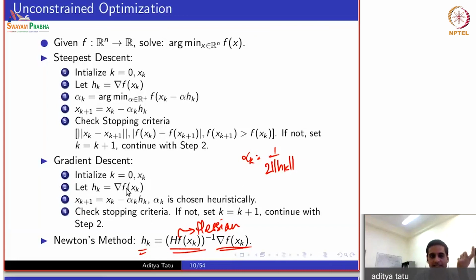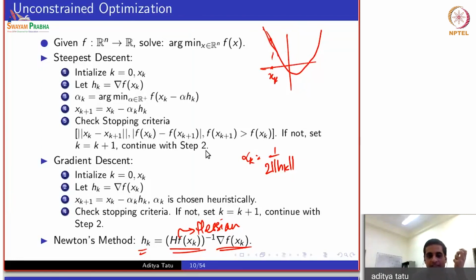Hk is the gradient. If I take a look at this sort of a function, at this point xk, the gradient, which is the first derivative in this case, has a very high value. So the slope is high, basically.